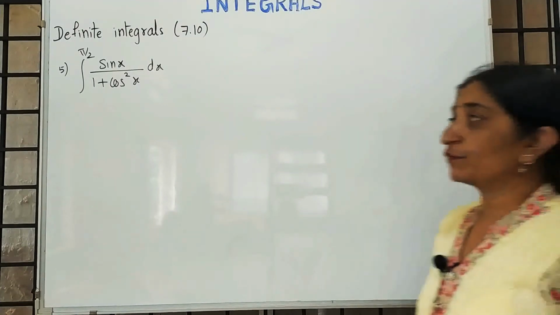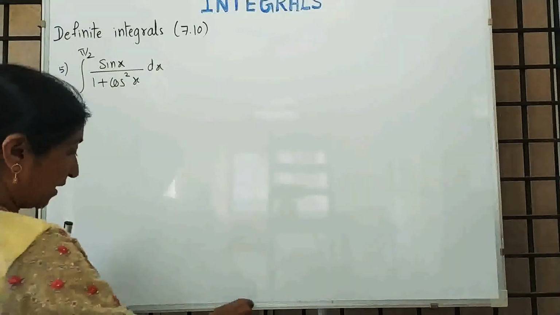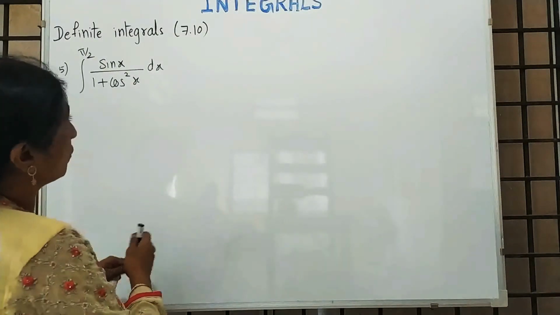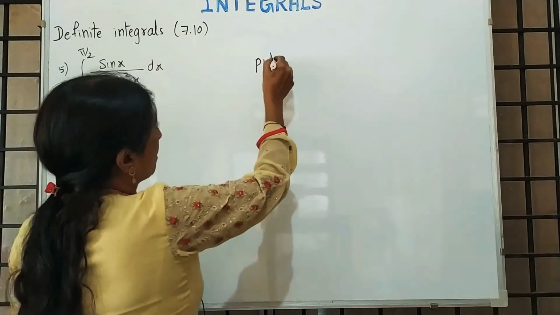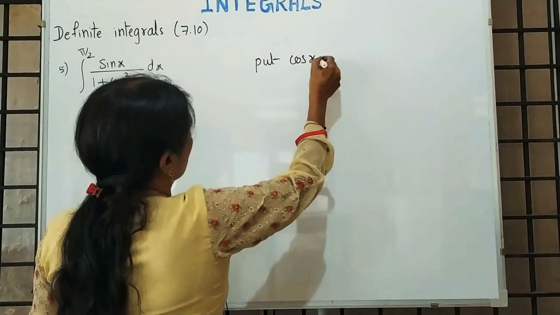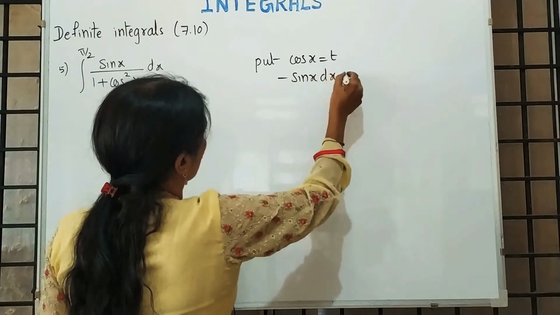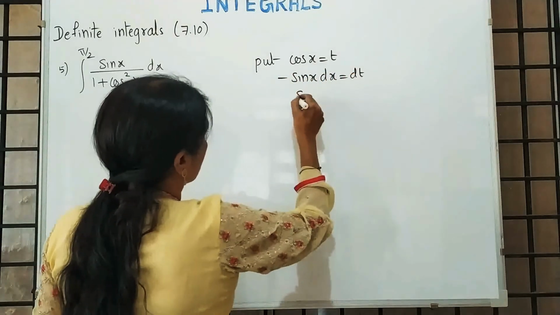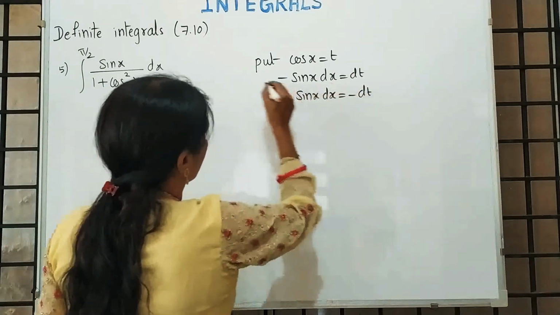See, moving to the fifth question, that is integration from 0 to pi by 2, sin x upon 1 plus cos square x. Already you are familiar with the substitution. Here write down cos x is equal to t. Differentiation of cos x is minus sin x into dx is dt. So sin x into dx is equal to minus dt.